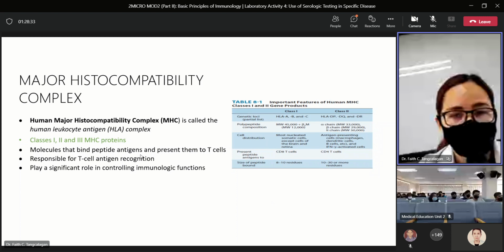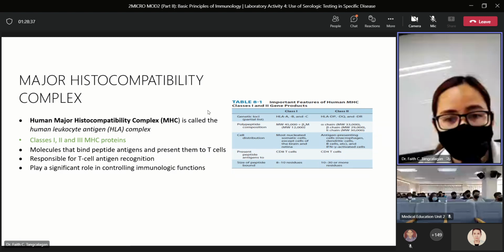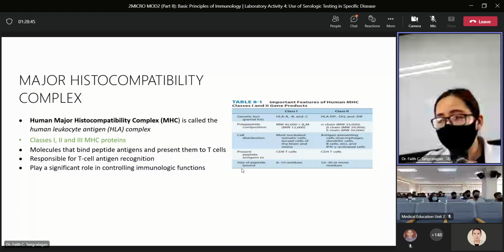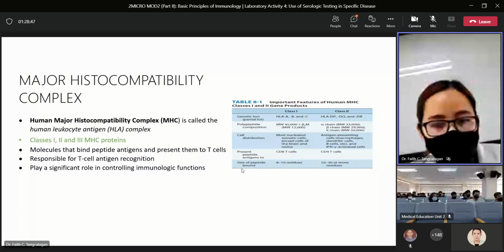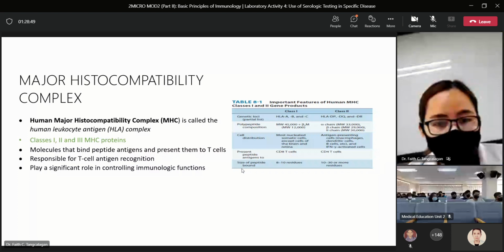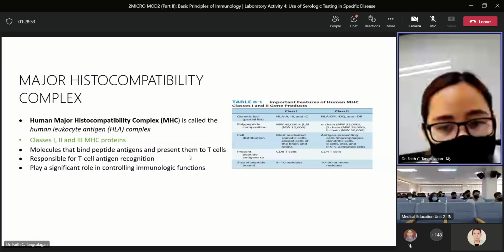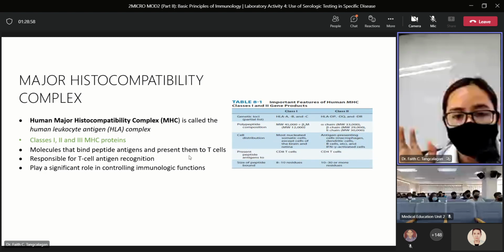As I've discussed, this is from Janeway's. Class 1 and class 2 are the most studied. This table summarizes the difference between class 1 and class 2. Just remember that their cell distribution is different.